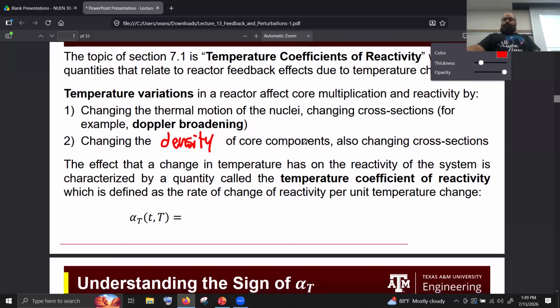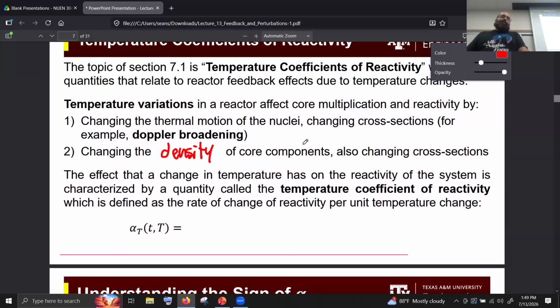And so yeah, anytime you have a temperature change, you can talk about how that affects the reactivity of the system through the temperature coefficient of reactivity, which, as we were just talking about before, X could be any quantity. So in this case, the temperature coefficient of reactivity is the change in my reactivity, which could be a function of time and temperature, divided by the change in temperature.